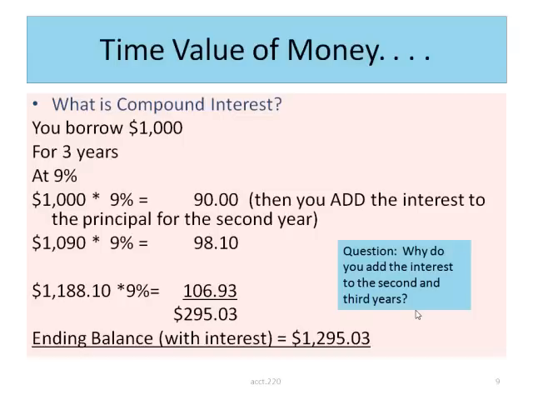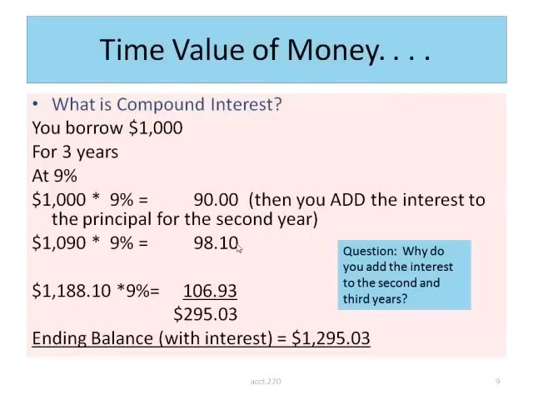For the third year, you add the $98.10 to your opening balance of $1,090 and you have $1,188.10, and that's what you are borrowing the third year, and that's $106.93. So you can see the progression from $90 to $106.93 because of compound interest.